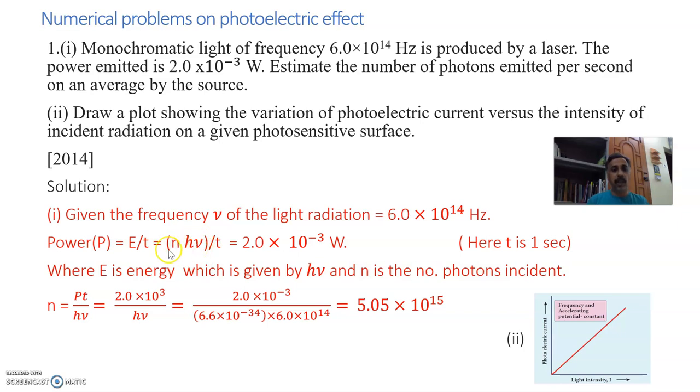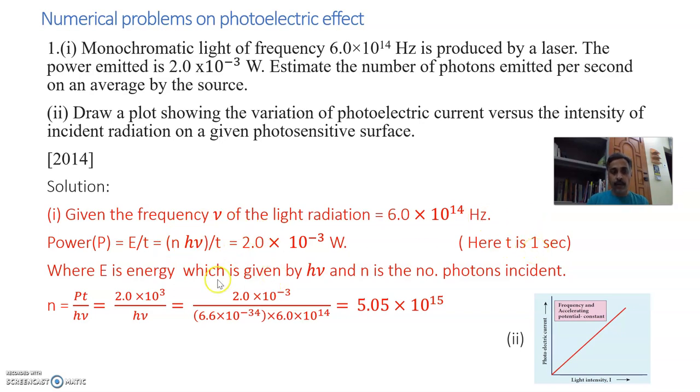Suppose there are n photons incident, then we can write N h nu as the incident energy divided by T. This entire quantity is given as 2 into 10 power minus 3 watts. And we have to find this n per second, so T can be considered as 1 second.